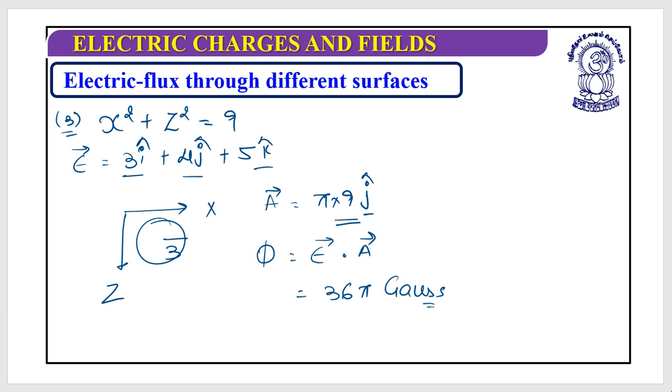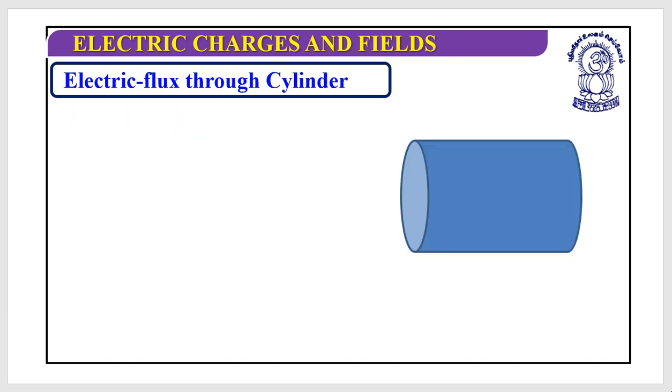Okay. So now let's find the electric flux through the cylinder, and they have given that the direction of the electric field would be like this, in the positive x direction. So how could I calculate this when there is a 3D kind of object and I need to find the flux?